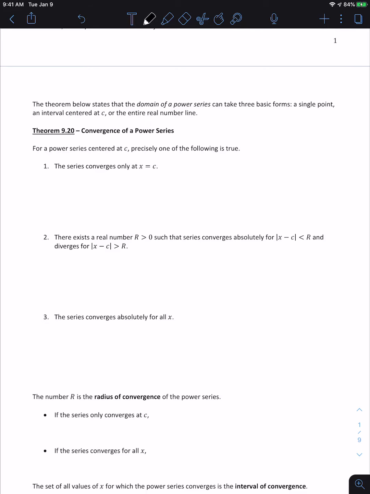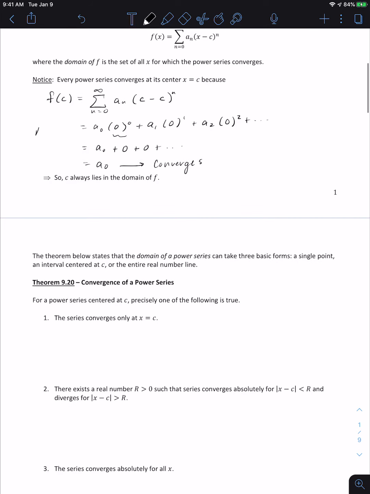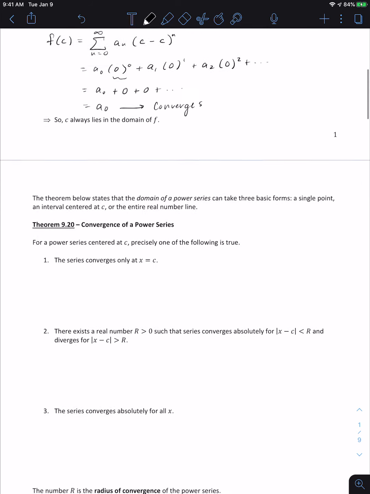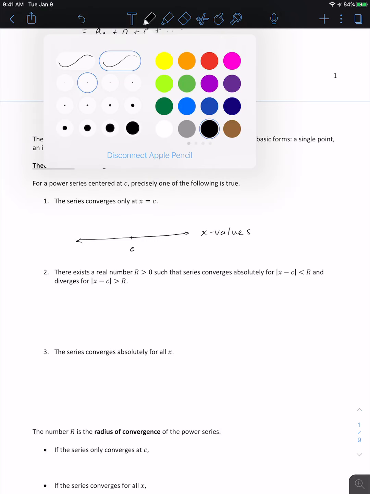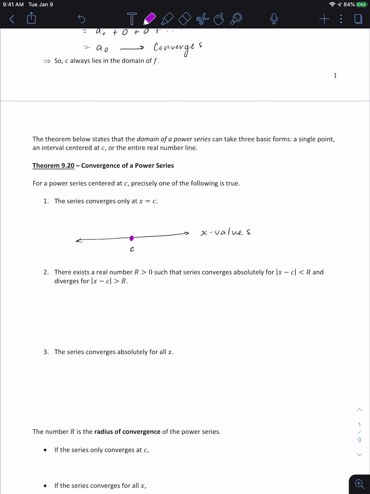The first is that the power series converges only at x equals c. We proved just above that at x equals c it converges for sure, and this says that's the only point where that happens. Thinking about a number line, this is my x values, and the value x equals c is the only value that works. So this is a single point.